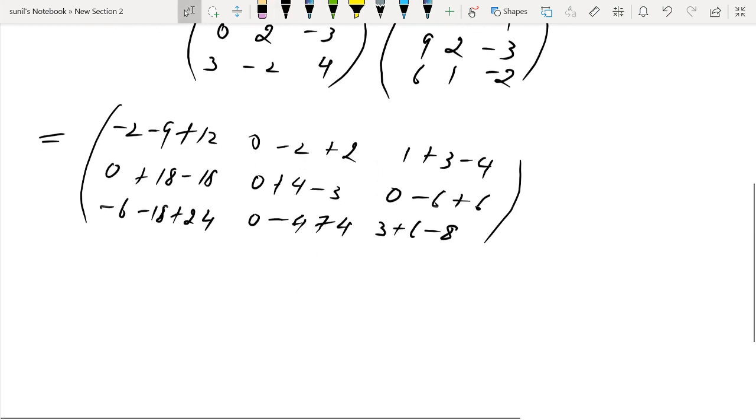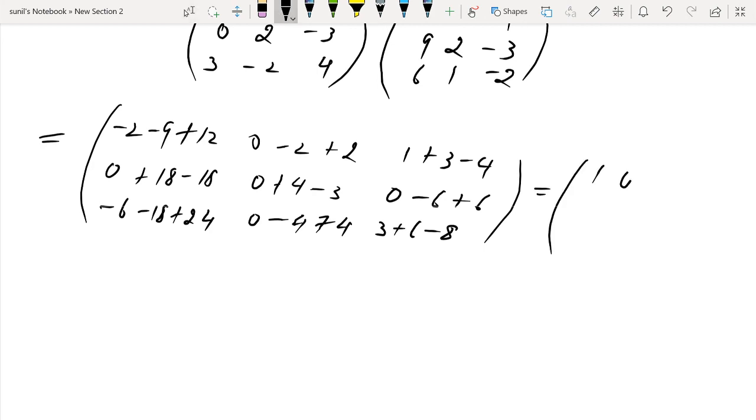So this is nothing but identity matrix, that is 1 0 0, 0 1 0, 0 0 1. So what we have observed, that AB is identity matrix.